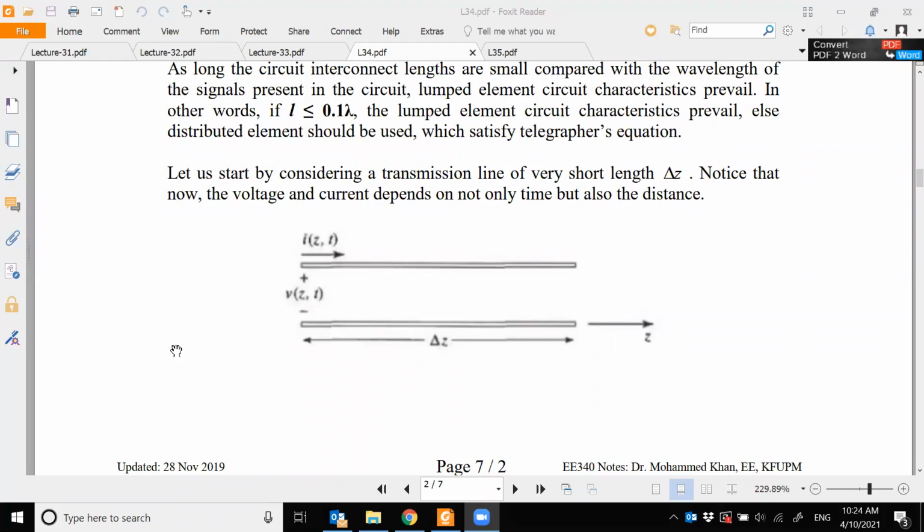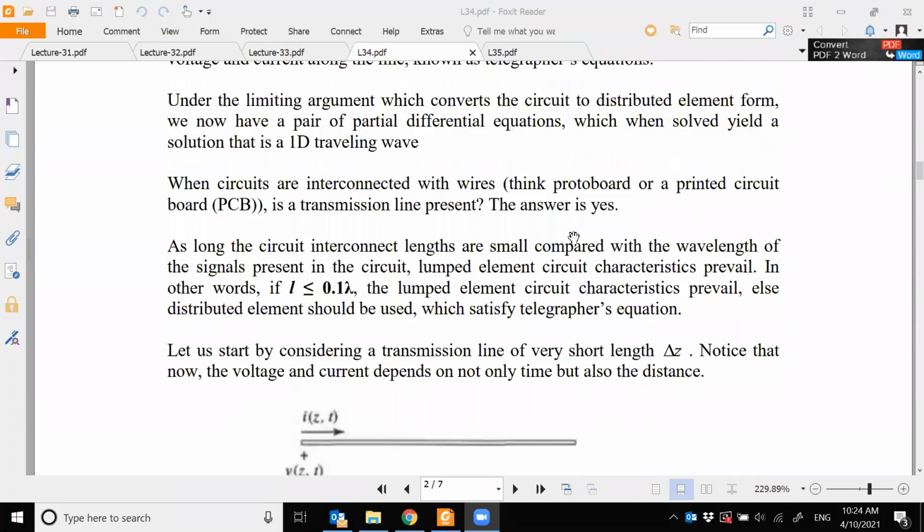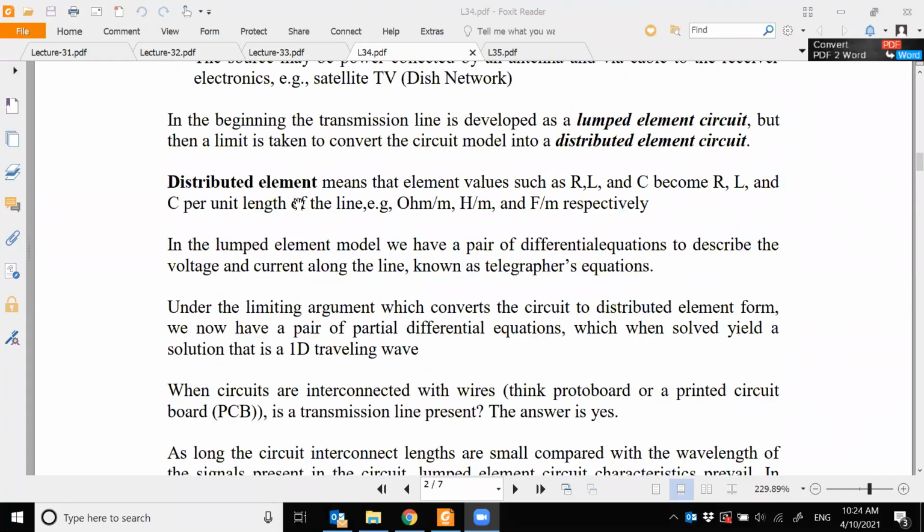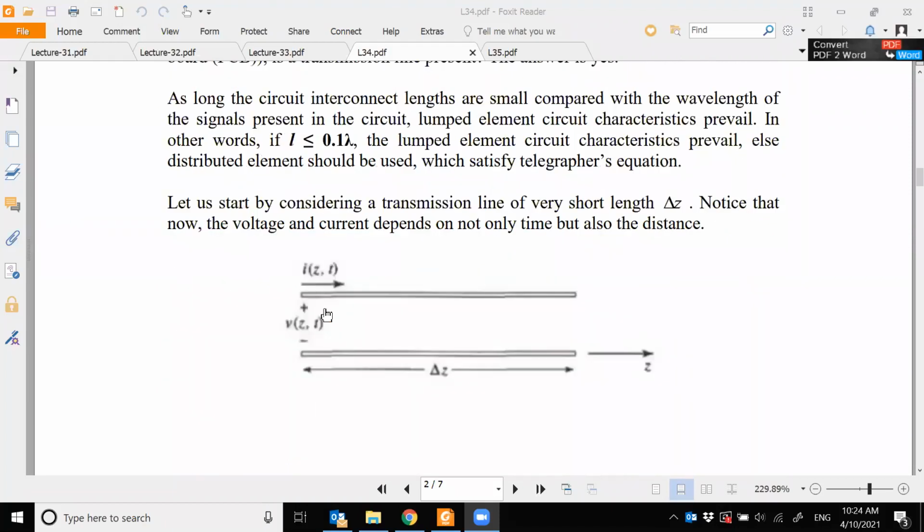I have a very long transmission line, but first I will just take a part of it. I'm taking this small length of my transmission line, and its length is delta Z. And this is the direction in which my voltage and currents are traveling.